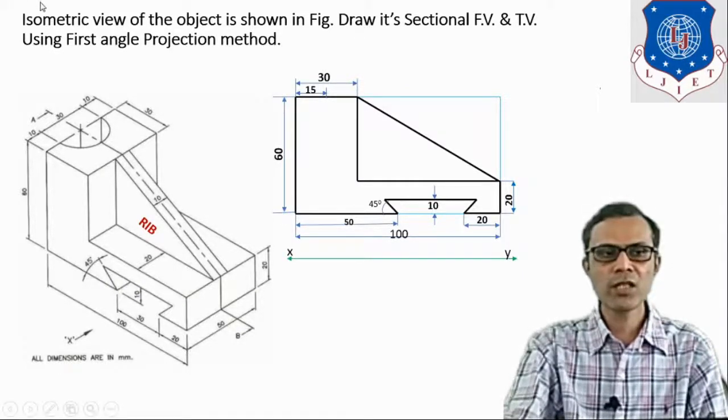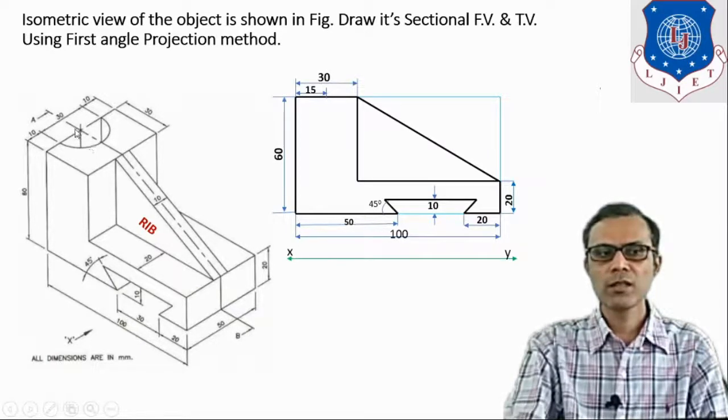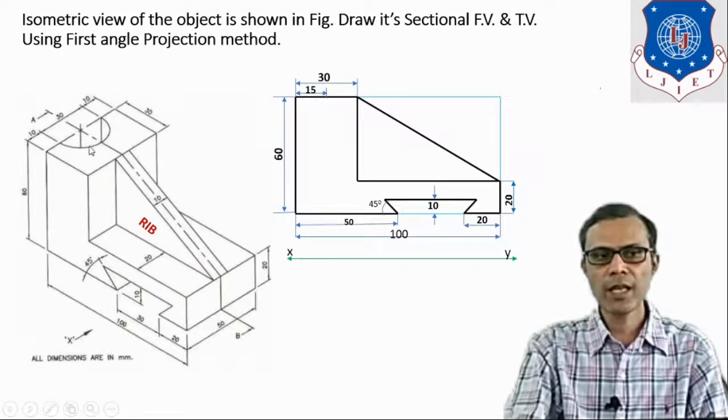The distance at which it is cut, from this point, is 15 mm, because the diameter of this circular part is 30. So from this center point, it is a radius. The radius is 15 mm.